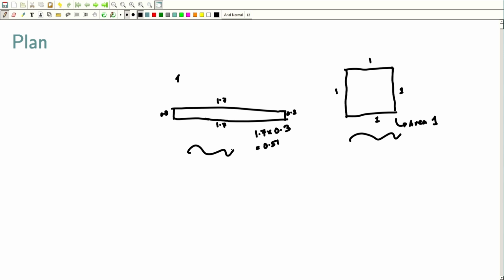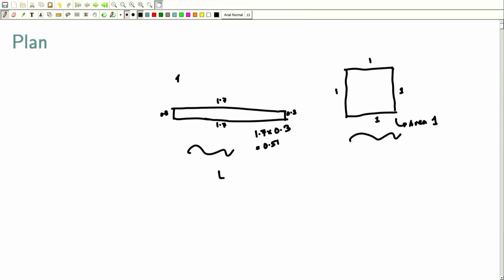So, with basic calculus, one can always show that among such a class of rectangles with a fixed perimeter, let us say L, the rectangle which takes the maximum area is the square. That is very easy.